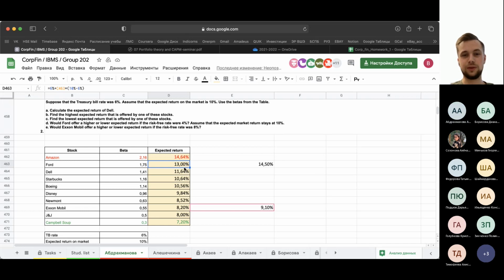What else? So if we see, for example, that the expected return is lower than what the stock really provides, what does it mean? You shouldn't invest. There are better options, I guess. No. So if we see the expected return should be lower, but the stock provides a high return, it means that the stock is actually undervalued.